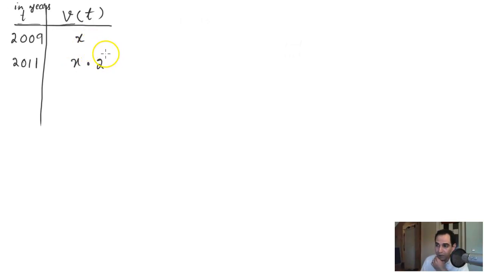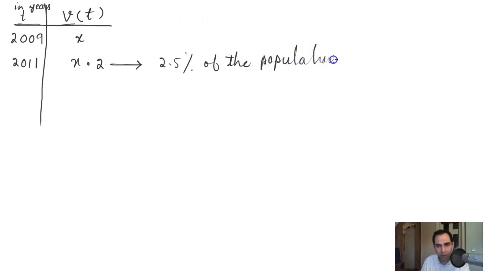So in 2009, 2.5% of the population was vegan, adhering to a diet that does not include such and such. So that basically means that this X times 2 was 2.5% of the population of the US in 2011. Now they go on to say that if this rate continues, vegans will make up 10% of the US population in 2015.